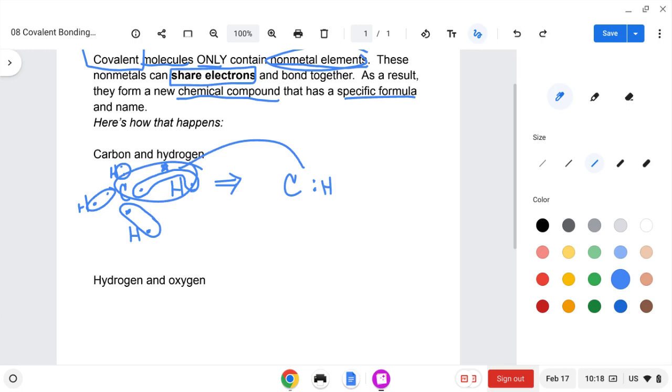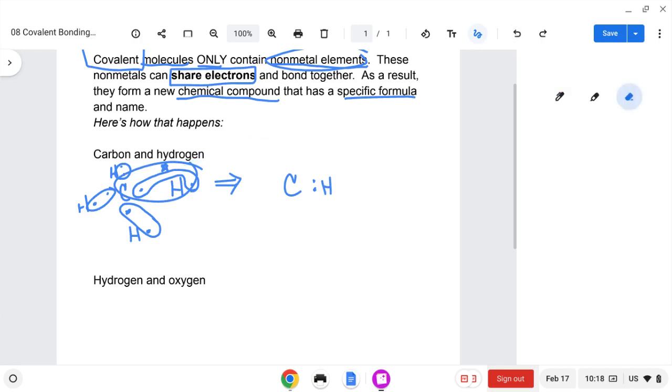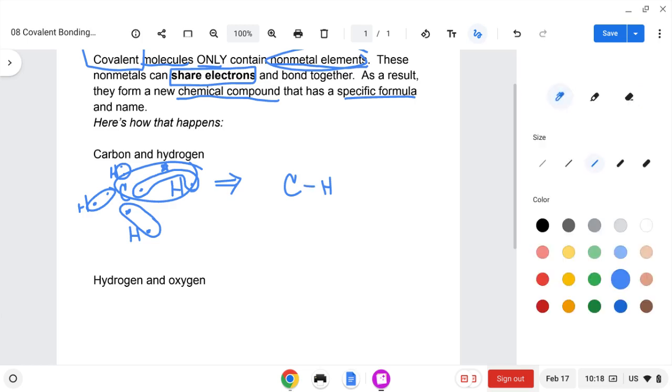And so instead of me even showing the pair of electrons like that, I'm actually going to erase that, and I'm going to put a line in between them. Every time we draw a line, that represents the sharing of 2 electrons. Again, right here, you can see there's 2 electrons in this bubble, and then I represent that by one single line.